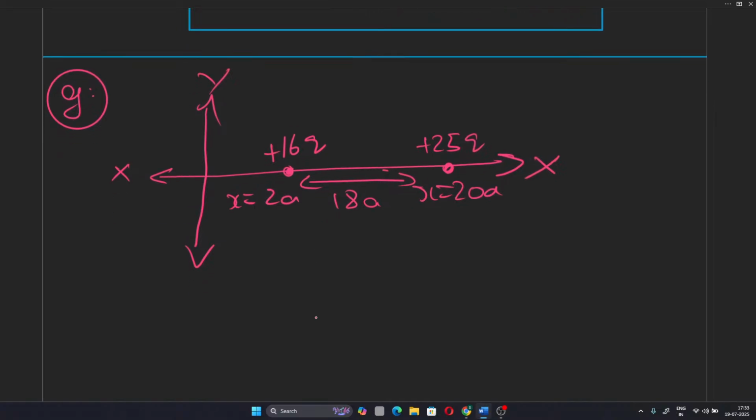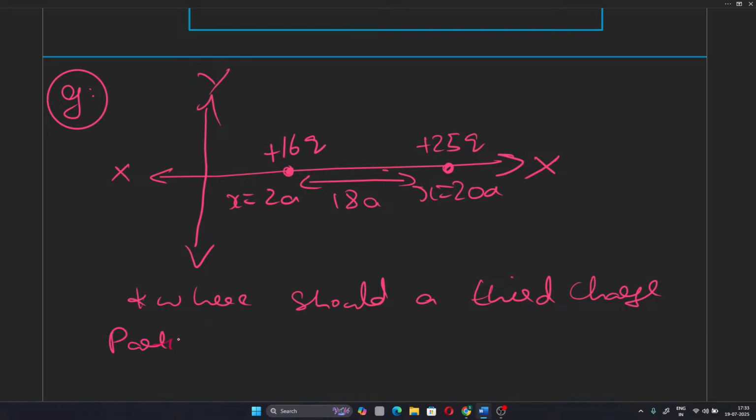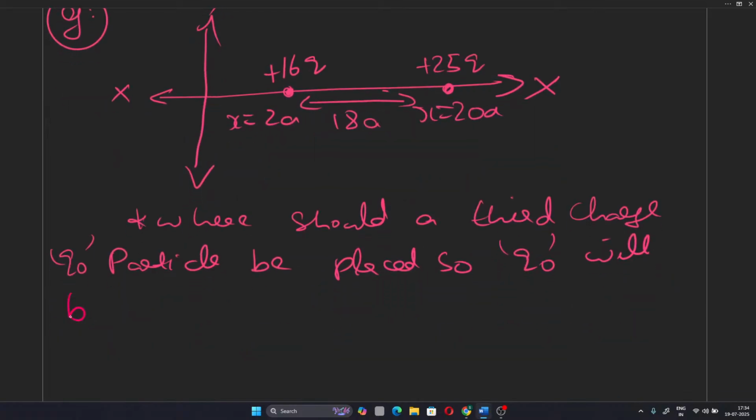Now they're asking where a third charged particle, q naught, should be placed so that this q naught will be at equilibrium, where the net force will be 0.